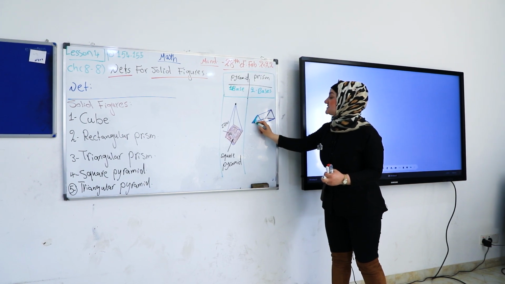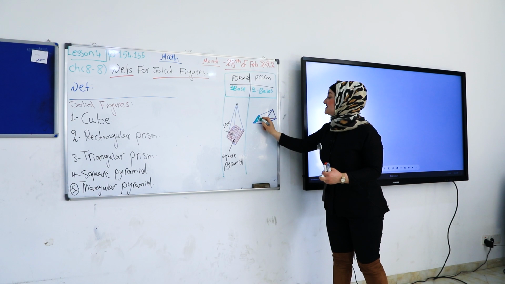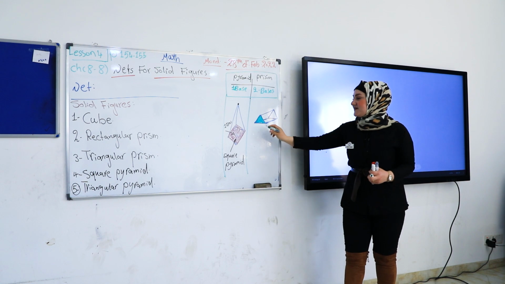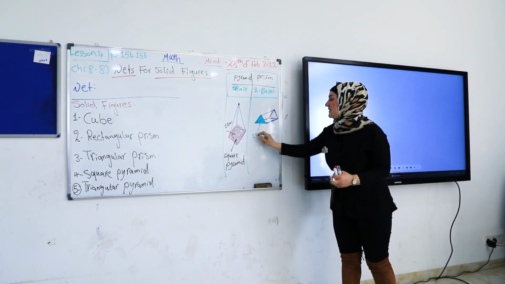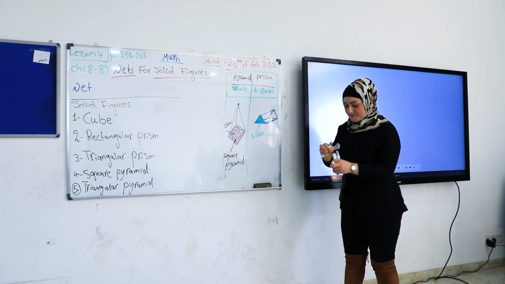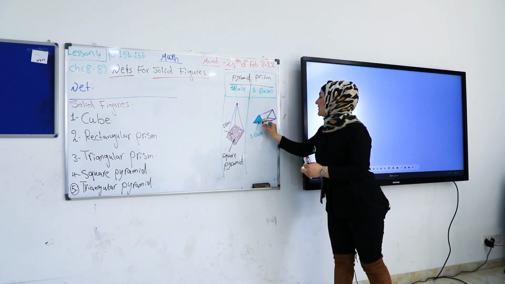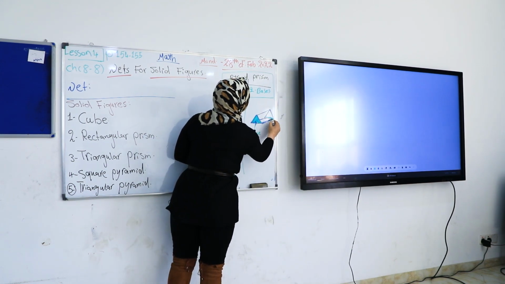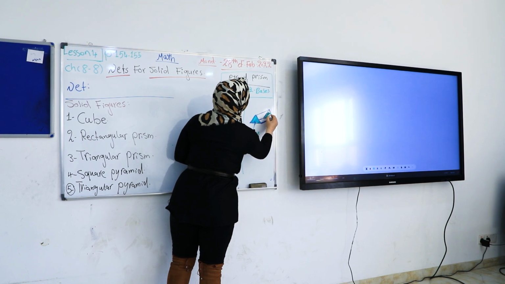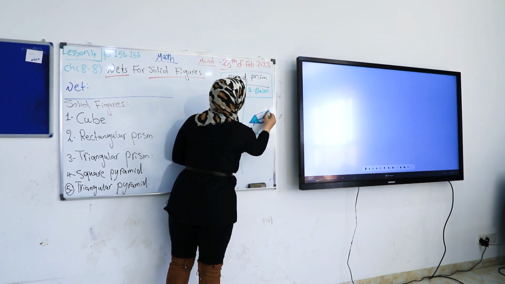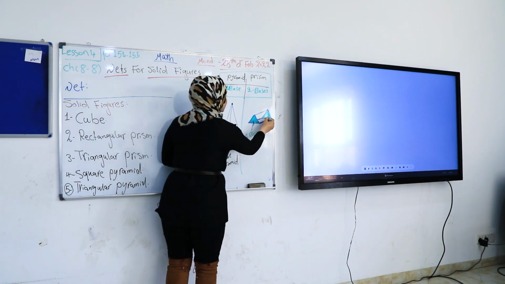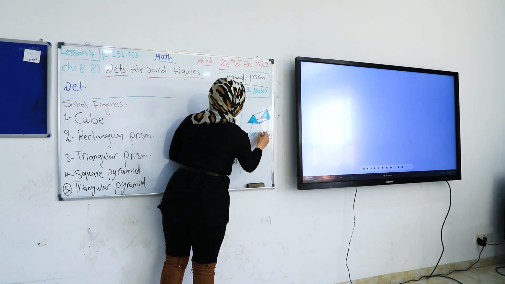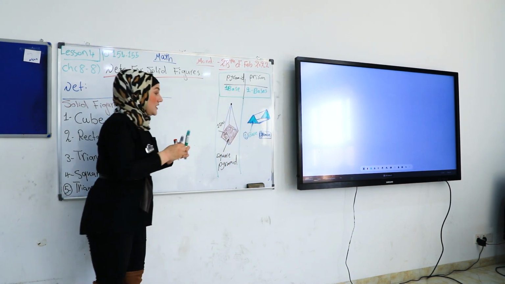What is the shape of the first base? Lara. The first triangle base, number one. This is base number one. And the second base could be found in here. Both bases are two congruent shapes. Both of them are the same. They're congruent. This is base number two, and this is base number one.